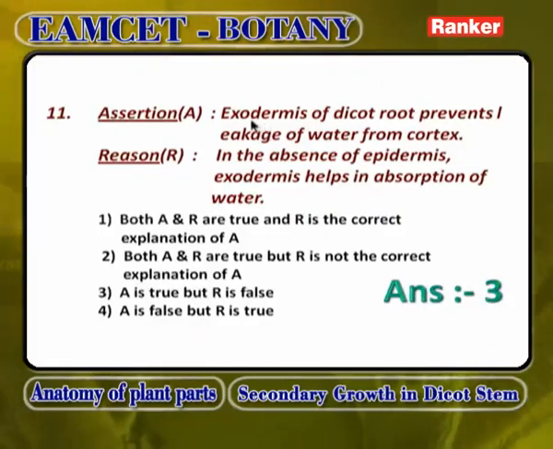Assertion: the exodermis of a dicot root prevents the leakage of water from the cortex. The exodermis is made of suberized cells. It not only gives mechanical support but also prevents excessive loss of water.